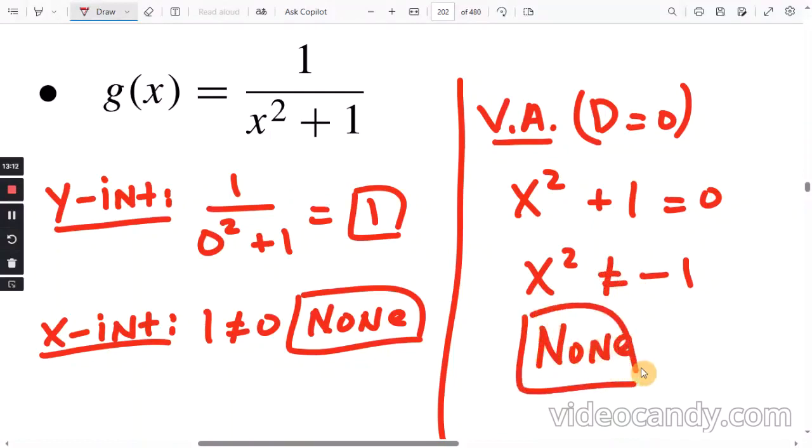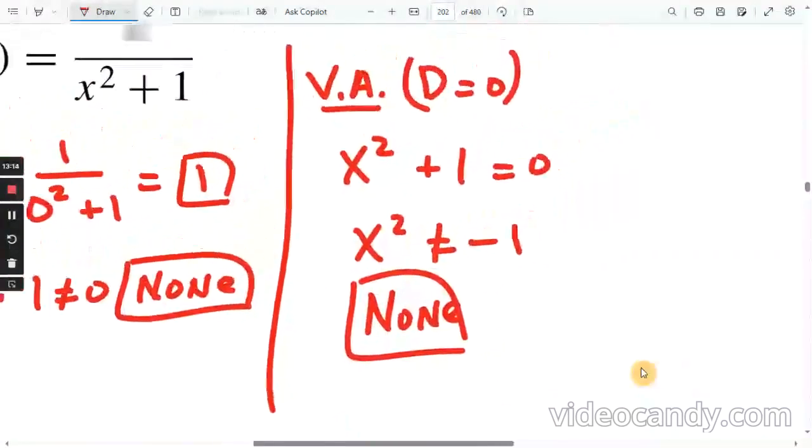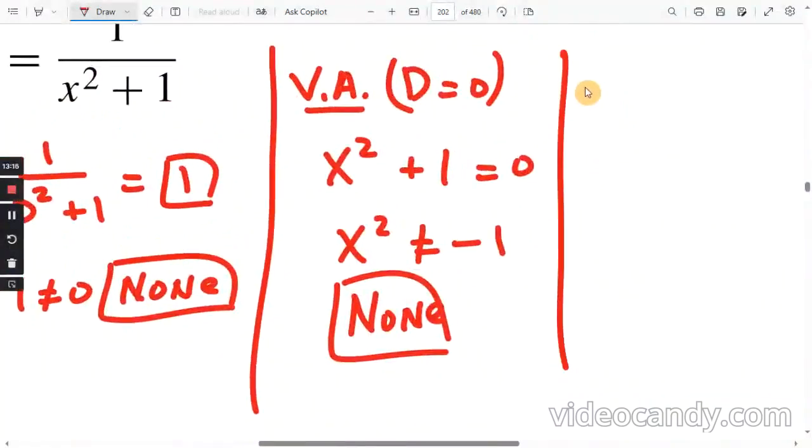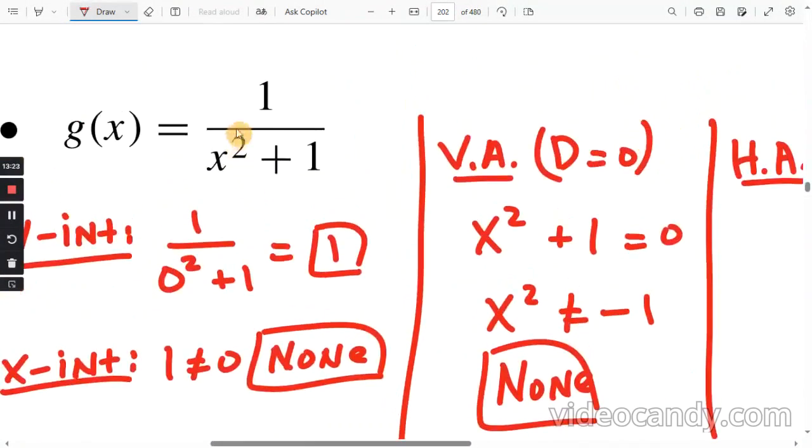And then finally, the horizontal asymptote, the degree of the denominator is greater than the degree of the numerator. We can look at the notes, but just think about it.